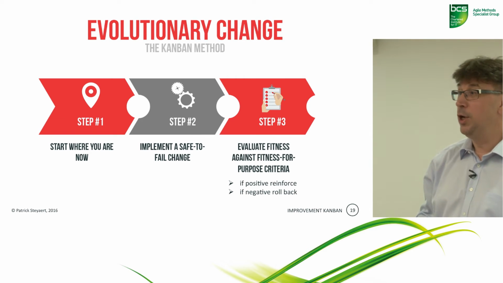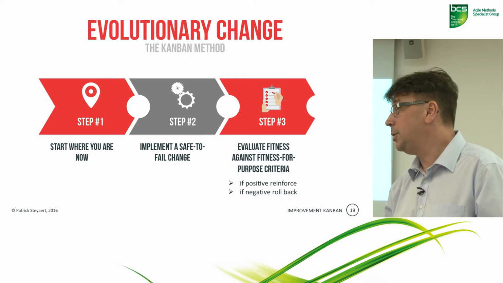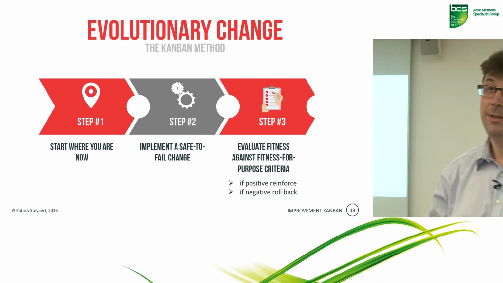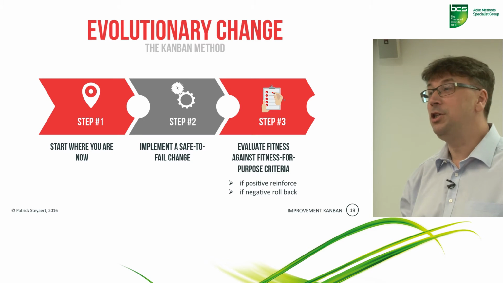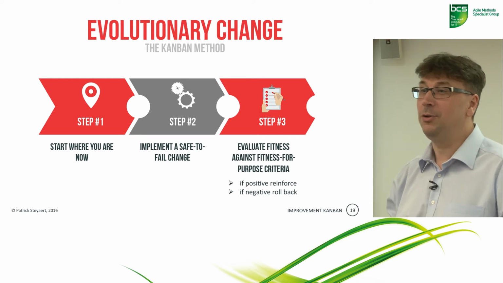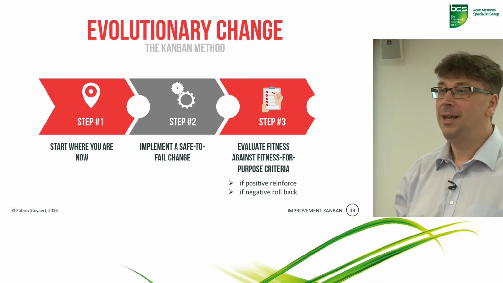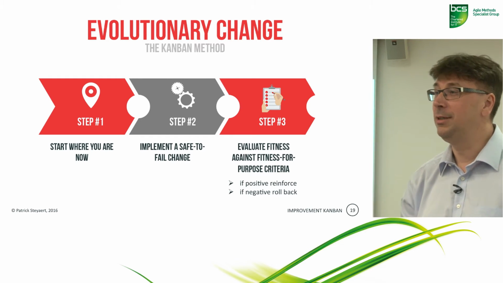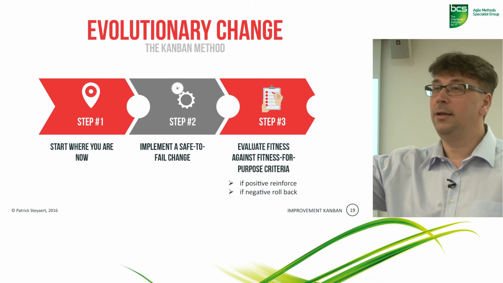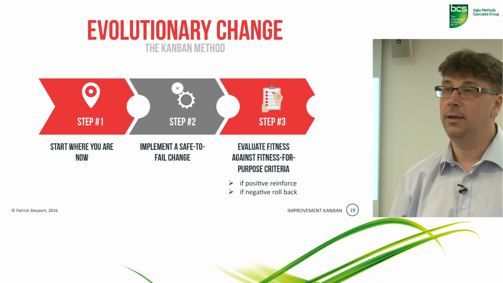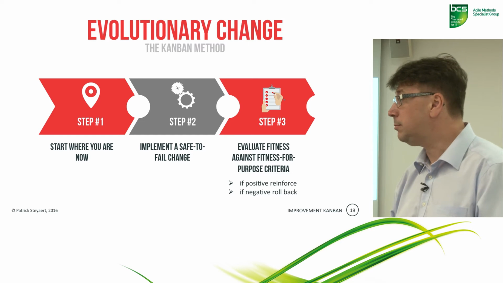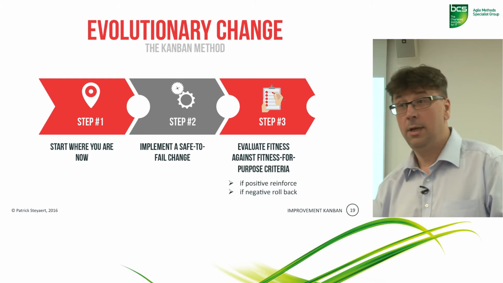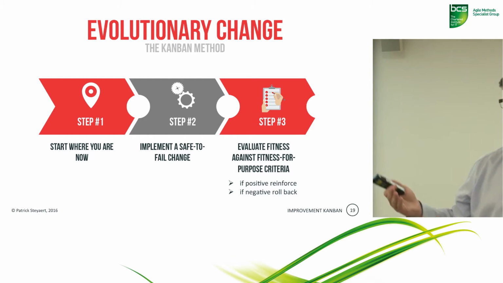Evolutionary change, as we know it in the Kanban method, is directed change without a governing constraint. It is active experimentation without that guiding light, that true north. So the idea here is, we start where we are right now.